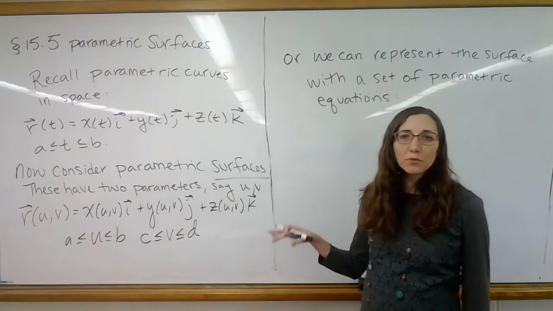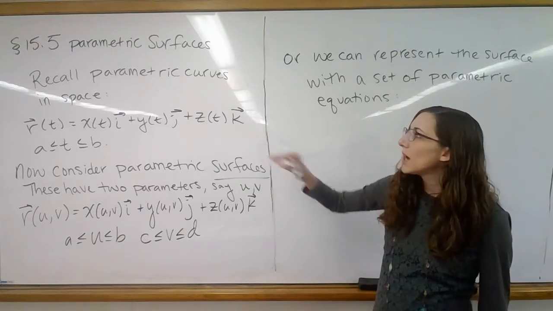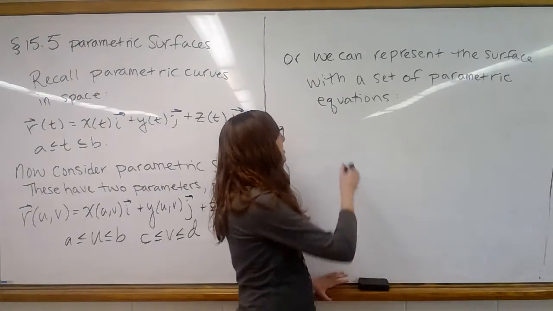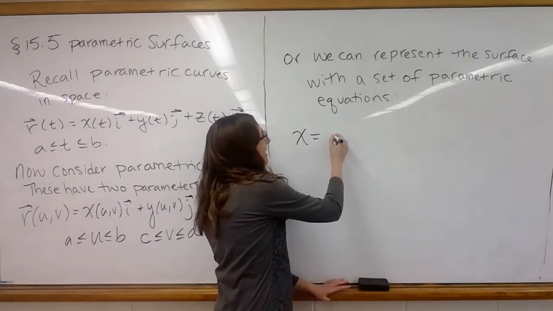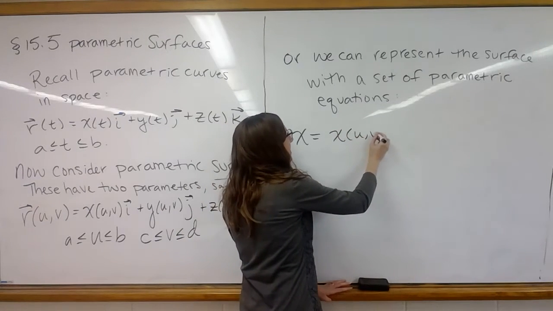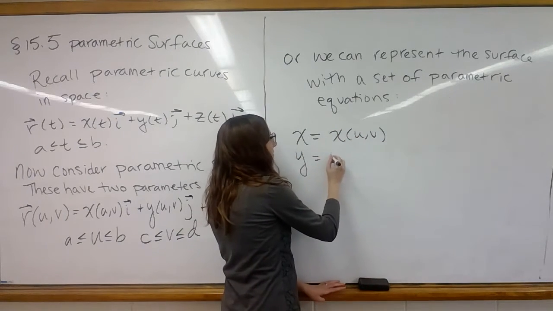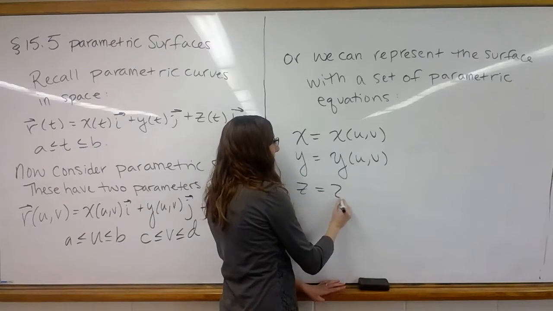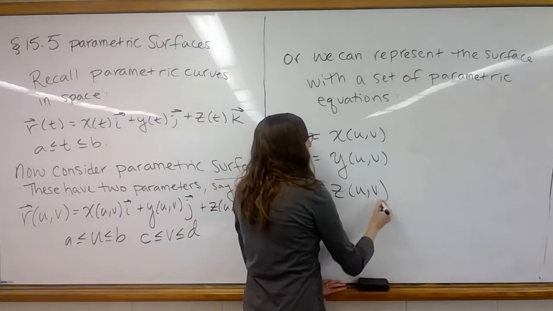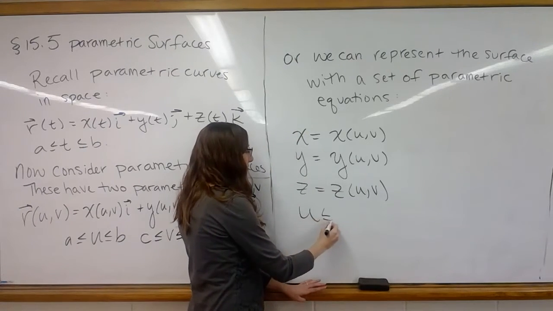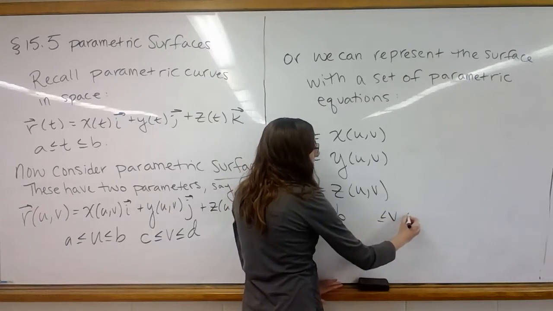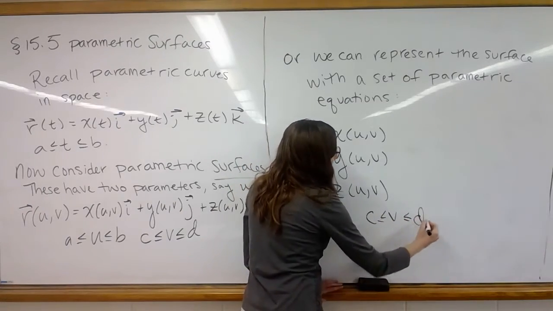In the same way we did with parametric curves, we could also do parametric surfaces just with parametric equations. So we could instead say x is x of u v, y is y of u v, and z is z of u v, where again we've got those ranges: u, say, goes from a to b, and v from c to d.